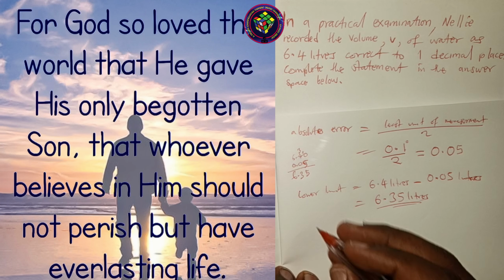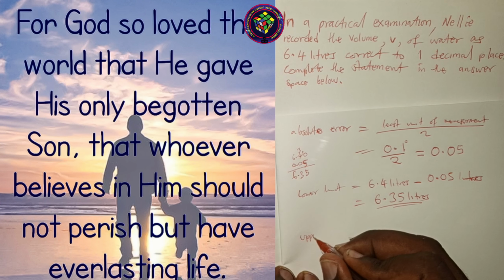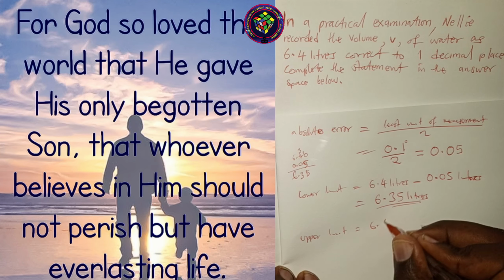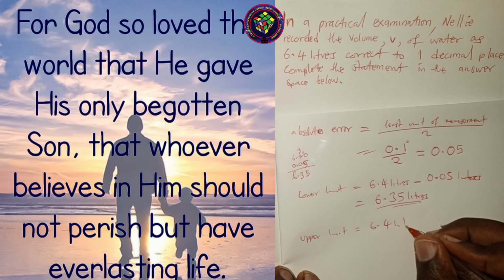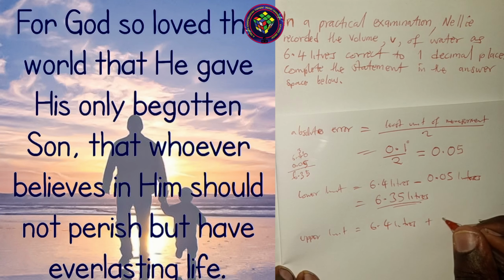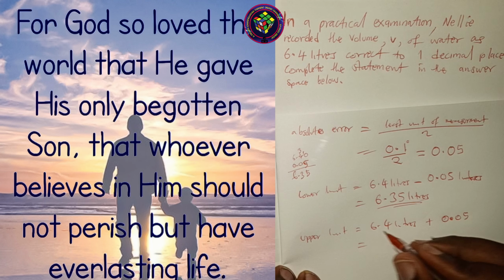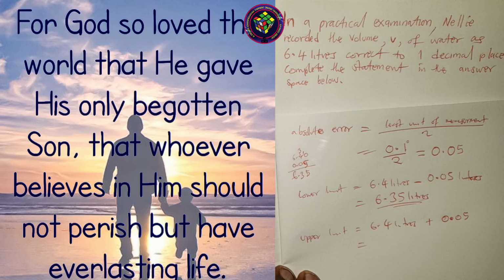We go to the upper bound or upper limit. So upper limit is equal to the measured value 6.4, then plus. So for upper limit you add the absolute error. Lower limit you subtract. So 6.4 plus 0.05.